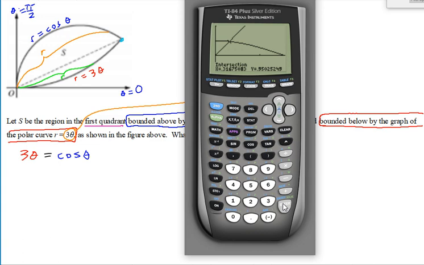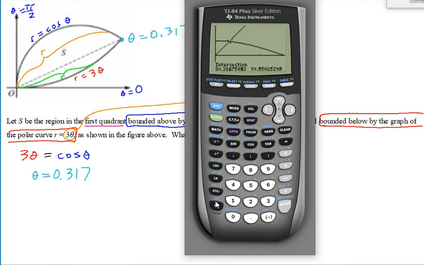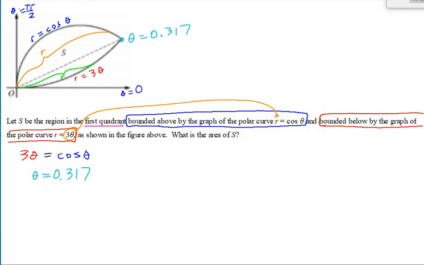So that's theta, if you round it. And we're going to need this in our calculation for the area, so let's store this in our calculator. I'll call it alpha A. So I'll just say this is equal to capital A there.